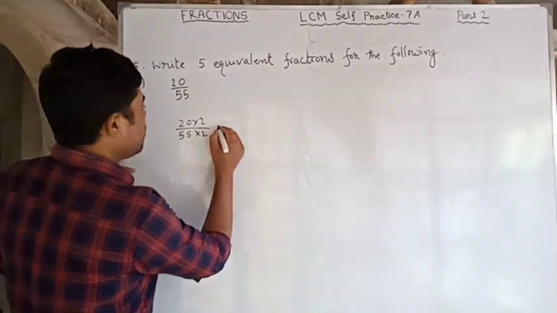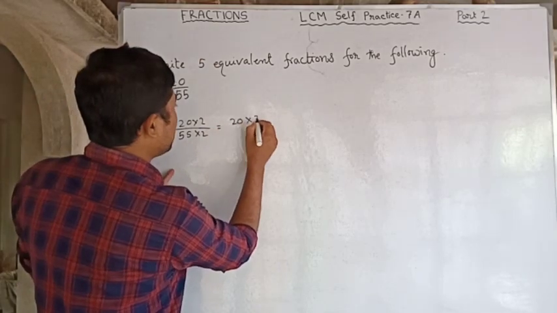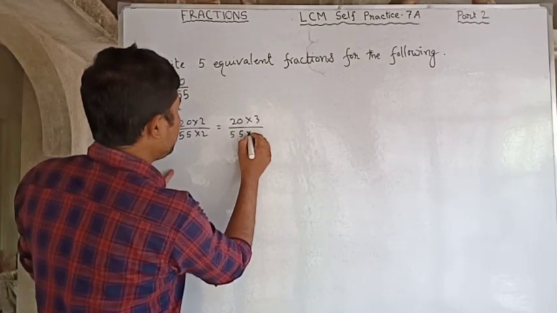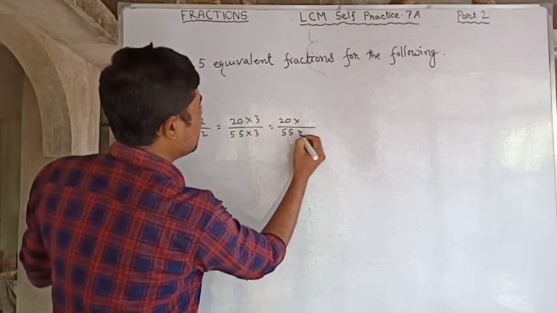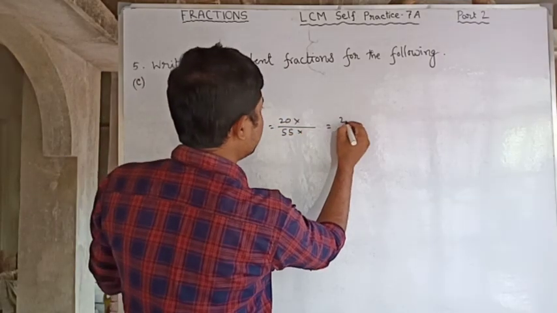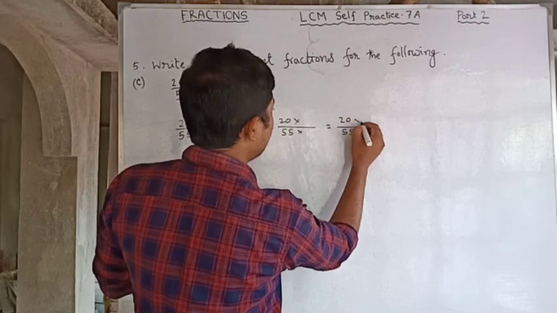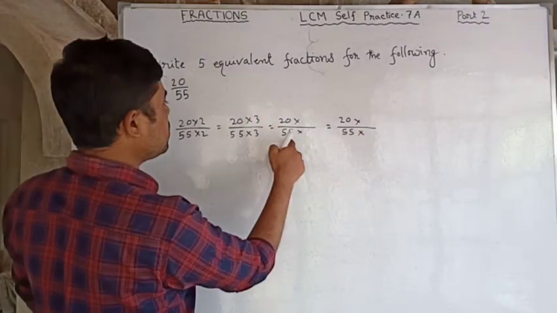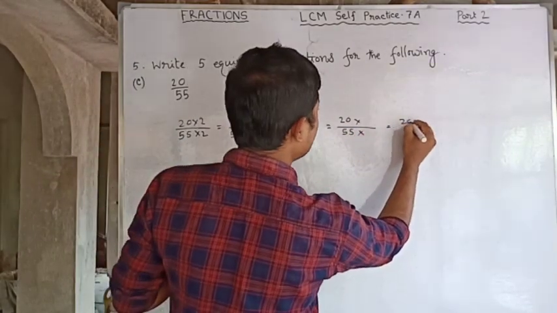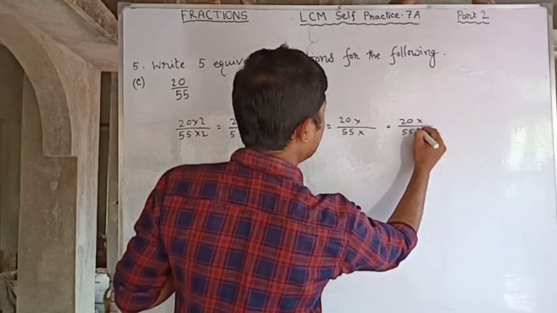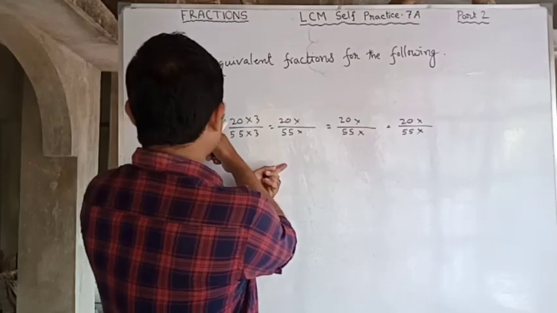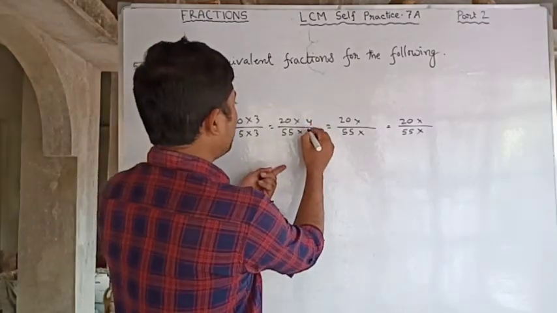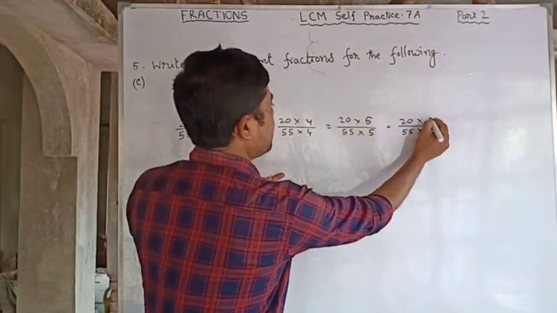You can multiply by 3 also. Next, first write the fraction. How many? 1, 2, 3, 4 and here 5. Now here you can choose any number. I have taken 2, 3, 4, here 5, here 6.